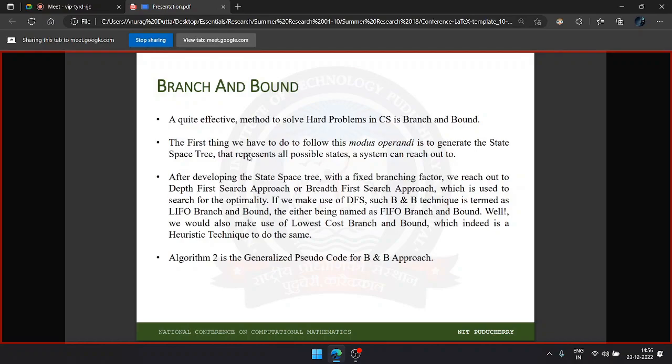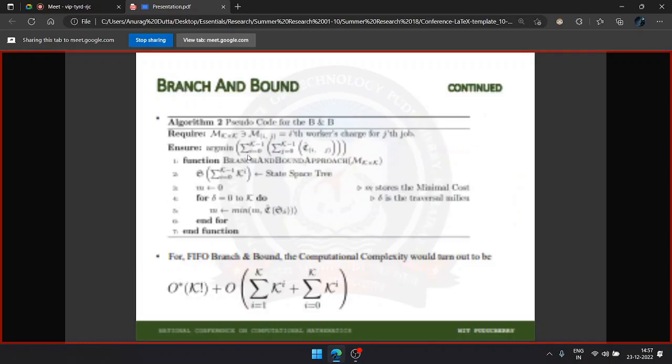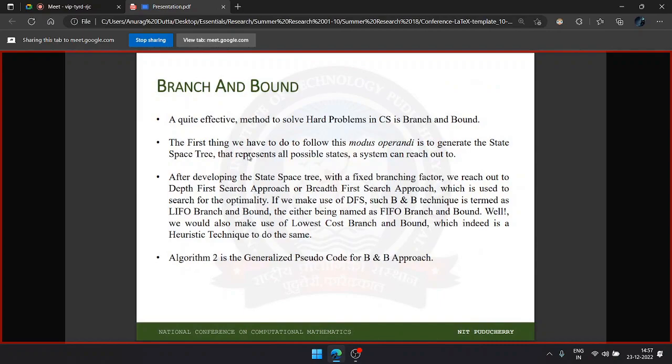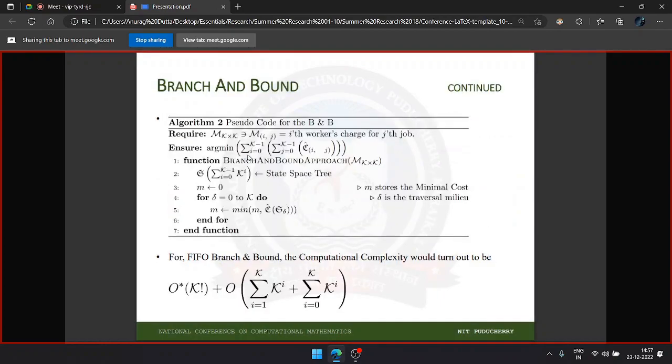If we make use of breadth first search, it is known as FIFO branch and bound. We could also make use of least cost branch and bound, which is a heuristic technique to do the same. Algorithm 2 is a generalized pseudocode for the branch and bound approach.